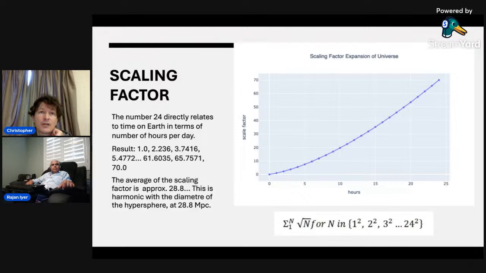The most obvious division of time in terms of 24 is 24 hours, it's the first one to think of. So therefore, the universe expanded to its current size within 24 hours.